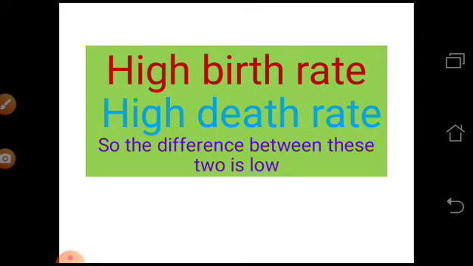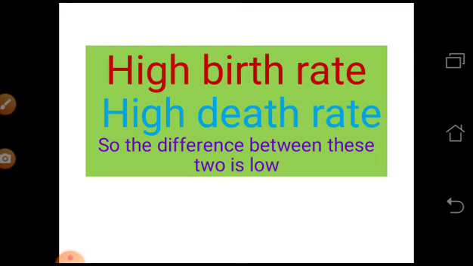Okay. So what will happen? 50 persons are taking birth in the society, and another 50 people will die. That means the population growth will be 0.